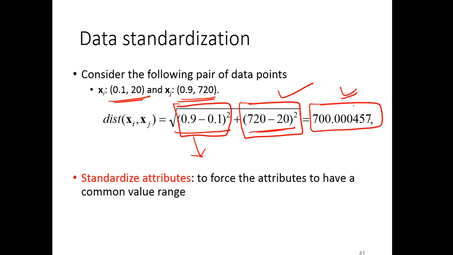So you cannot use data on different scales to do clustering or calculate distance. You rather have to standardize to ensure that they have a common range, common mean, common variance, standard deviation, and so on. So we do standardization so that the scale effect is minimized. What's important is to reduce the scale effect.